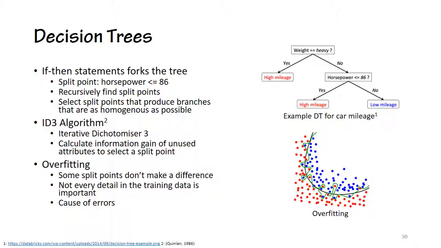So, when they're split, whatever created the most information gain and reduced the entropy was good. And then pretty much ignored the rest and attributed that to whatever was left over. Once it's been decided that it's heavy, it'll move past it, and then focus if it's not heavy on horsepower, say, like in this example.